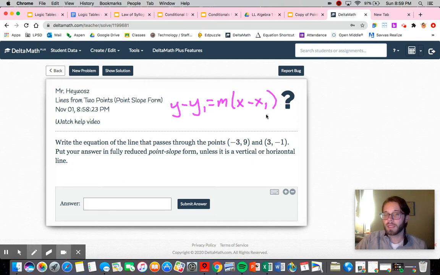All we've essentially done here is rewrite the slope formula, right? We just took m equals y minus y1 over x minus x1, and then we just multiplied both sides by this part. So that's all we did to get this formula.